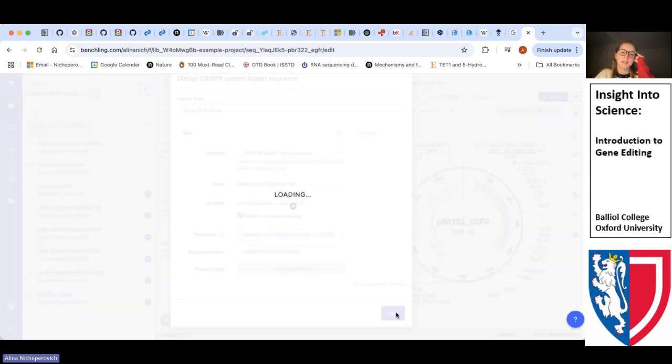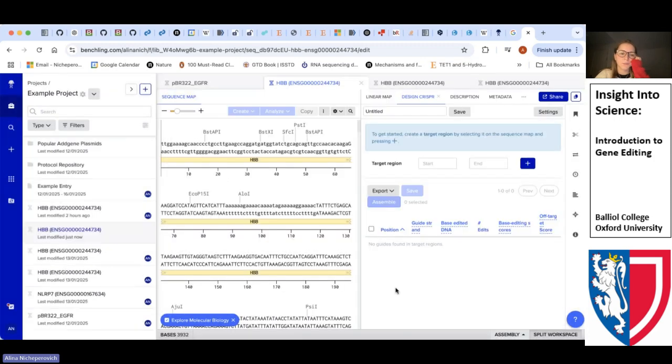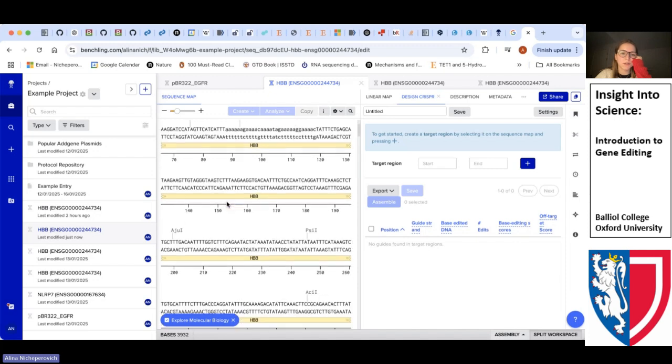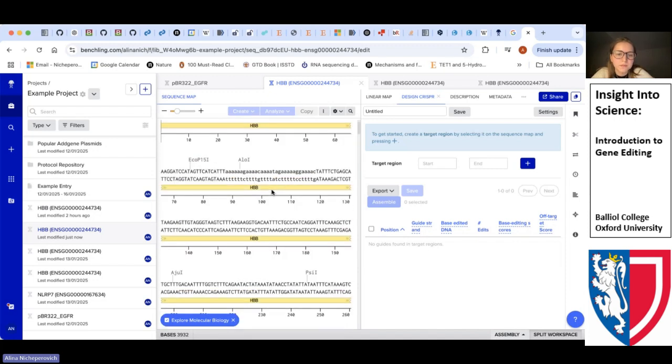So then we'll click next, and it loads it onto our system. And again, we just want guides for base editing. So all the classic setup, nothing fancy, classic PAM sequence. Then we'll click finish. So now what we see is the sequence of the HBB gene of the human genome.